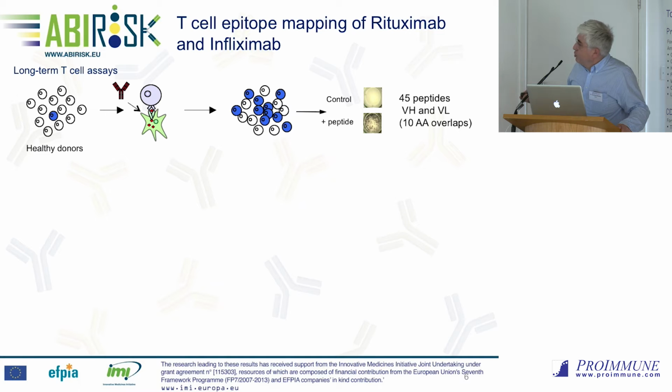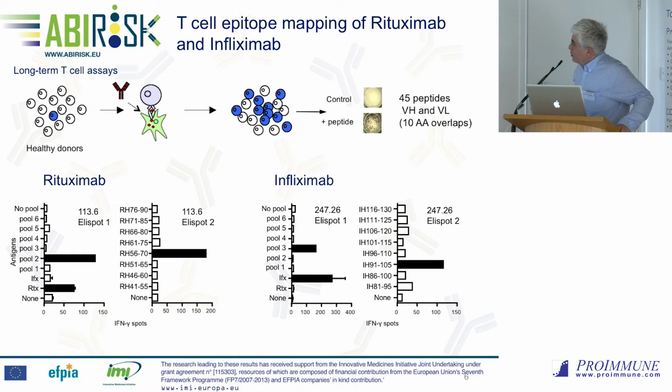This is done by multiple rounds of stimulation in vitro. Then we assess the specificity of the T-cell lines, either with the drug or with overlapping peptides that encompass the complete sequence of the variable parts. And I will show you some examples.